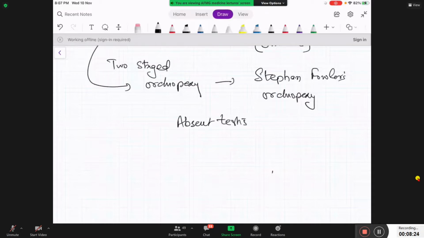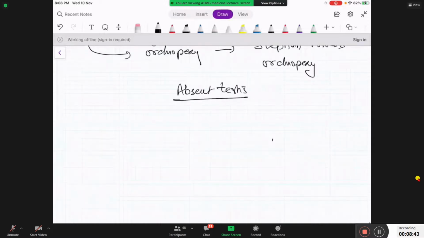Absent testes. Now, obviously, the parents of this newborn will bring this newborn to you with a complaint of absent testes, right? Now, what will be your next step? Obviously, you do the clinical examination.